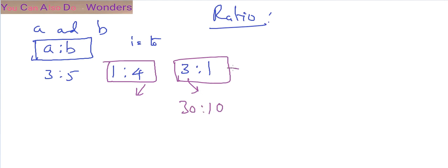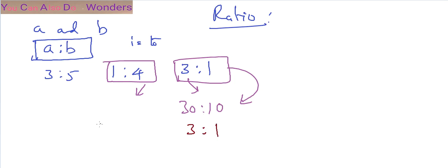That means both represent the same ratio. If we simplify this, we'll get the same ratio. 30 and 10, both are divisible by 10. So if we divide 30 by 10 we get 3, if we divide 10 by 10 we get 1, so 3 is to 1.